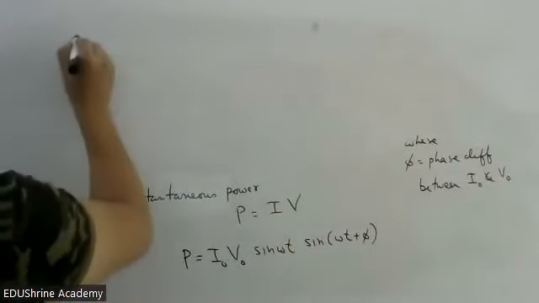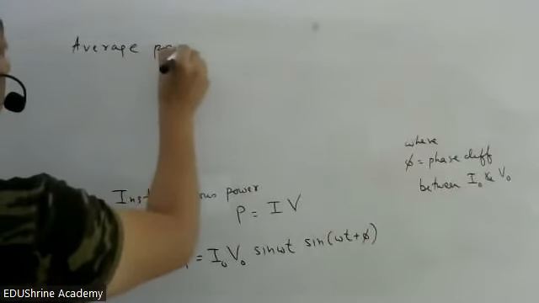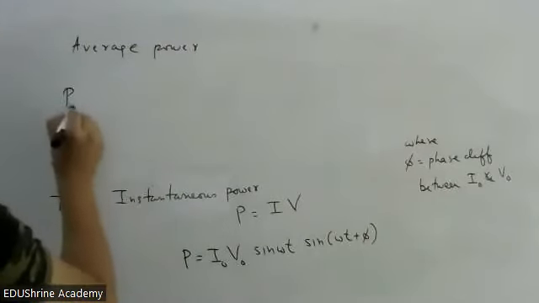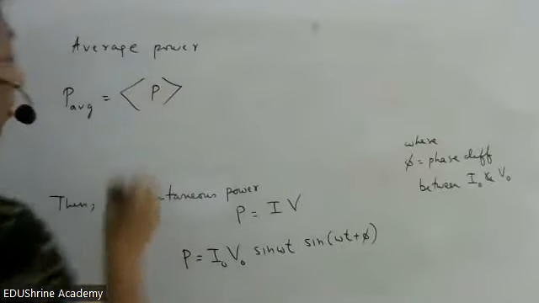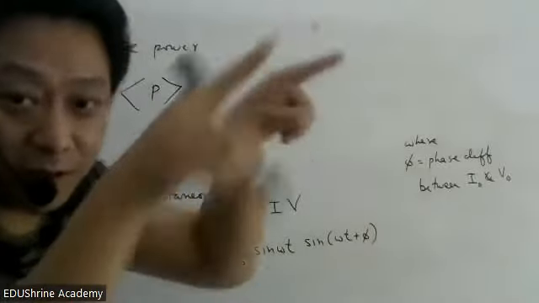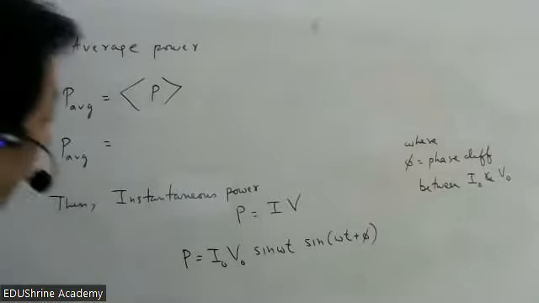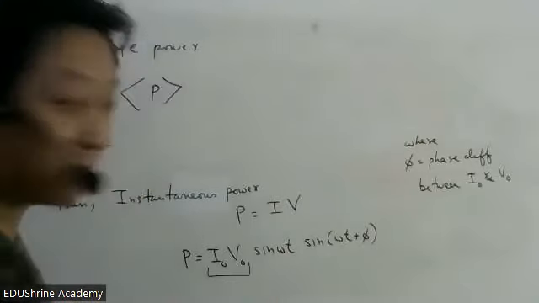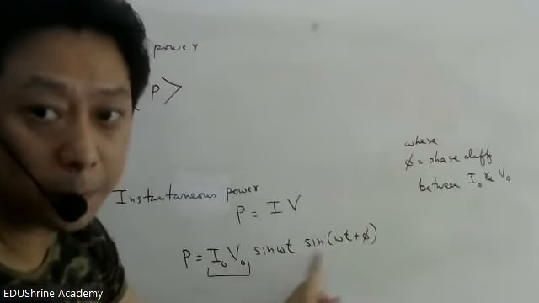Now, how to find average power? We will not do integration and all. We will use this formula, this average symbol. Now students, these two are not changing with time, yes or no? Only this function and this function are changing with time.